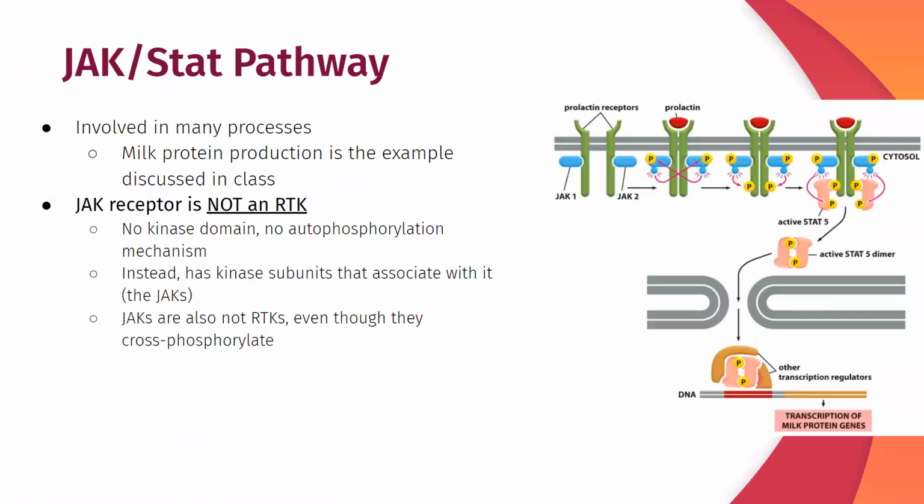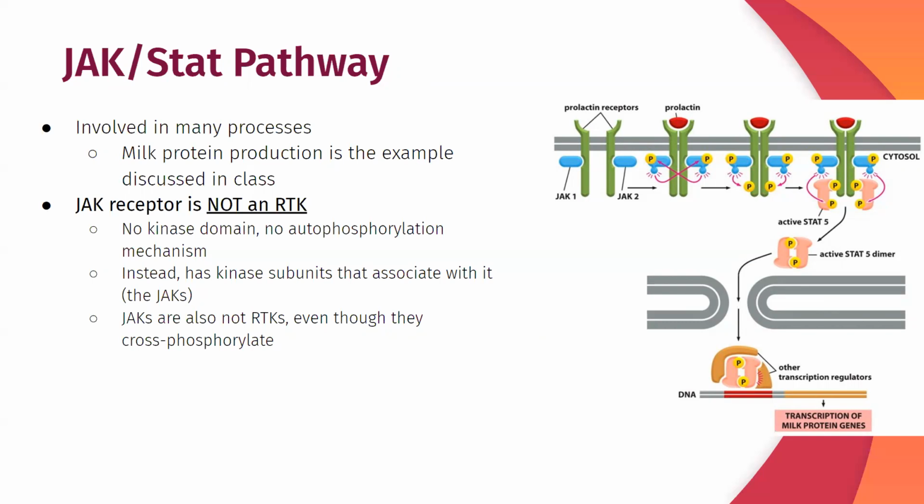JAK-STAT, okay. All right, so involved in many processes. For this class, we will be talking about transcription of milk genes. And so the most important part out of this entire pathway: JAK receptors aren't RTKs. The whole reason why JAK exists is because its receptor doesn't have a kinase domain.